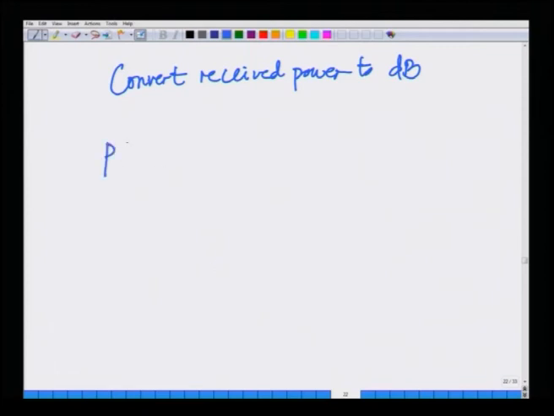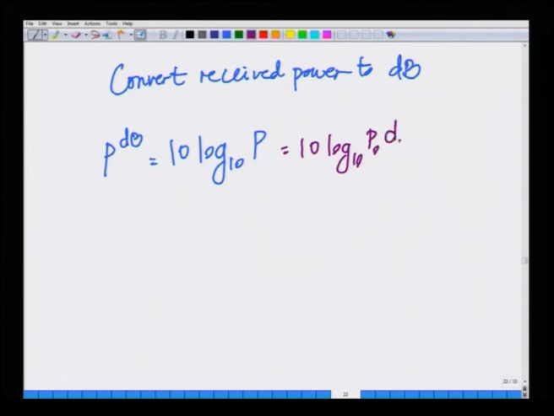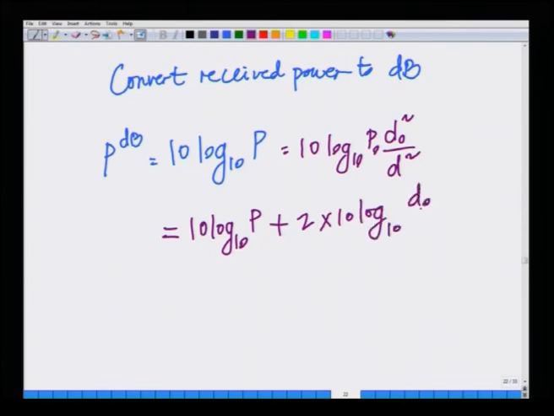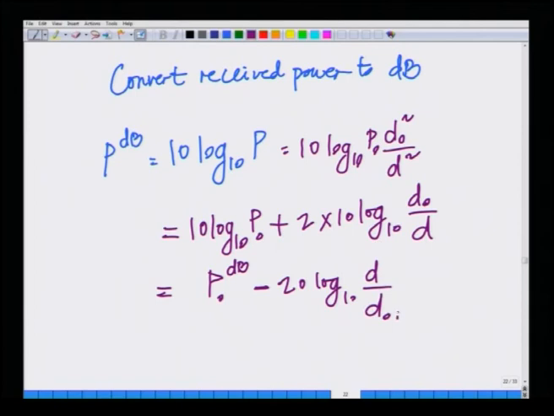We have P dB is nothing but 10 log 10 P, which is equal to 10 log 10 P naught d naught square divided by d square, which is essentially 10 log 10 P naught plus twice 10 log 10 d naught by d, which is essentially P naught dB, that is the reference power in dB, minus 20 log 10 d by d naught.